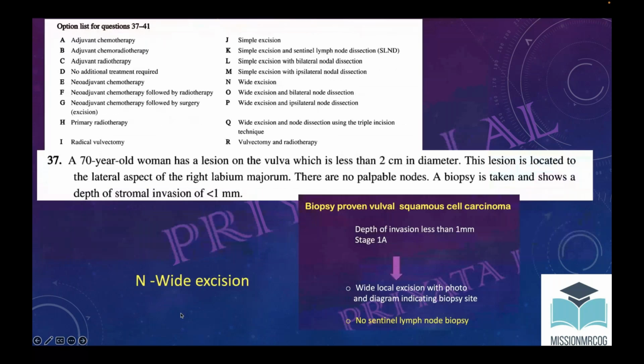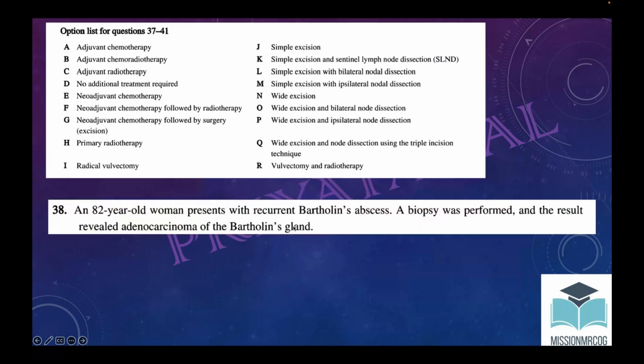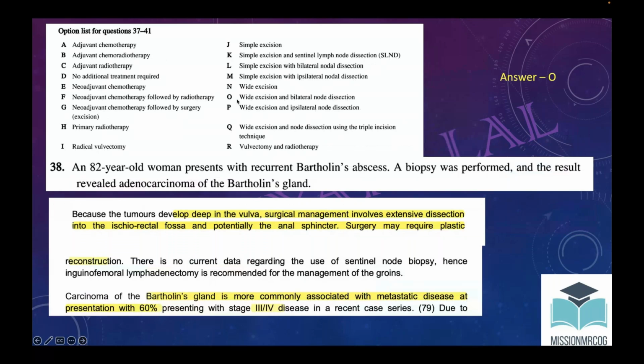Now, an 82-year-old woman with recurrent abscess, and it is Bartholin gland carcinoma. Radical vulvectomy, ma'am? Wide excision with bilateral node dissection, because it is a central tumor.